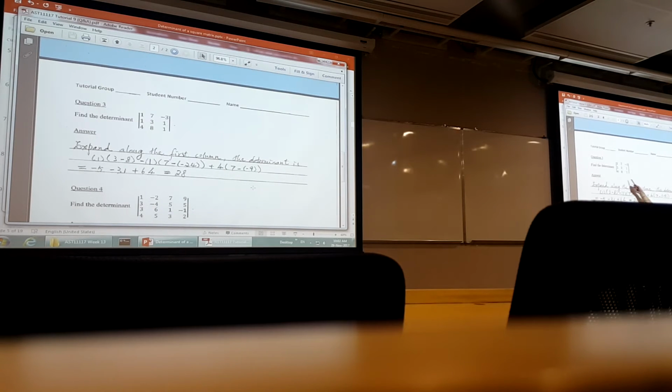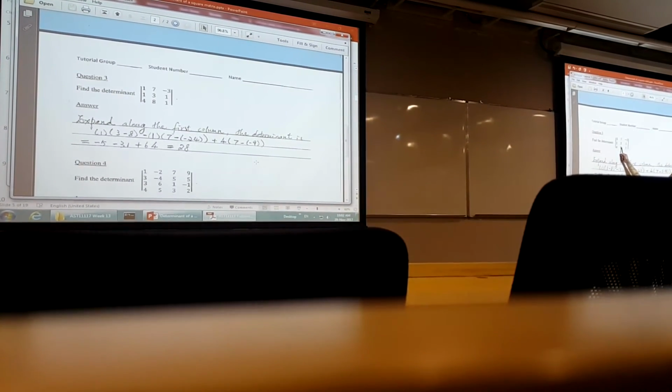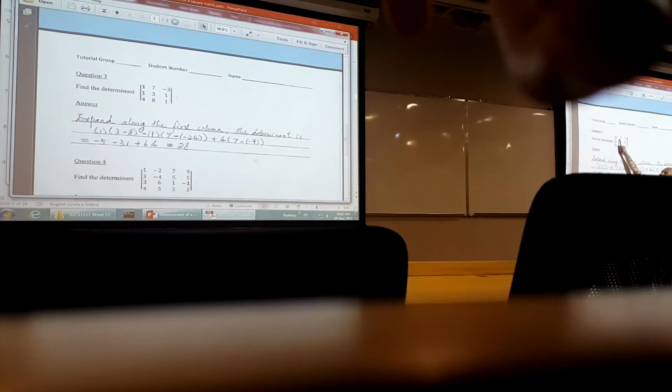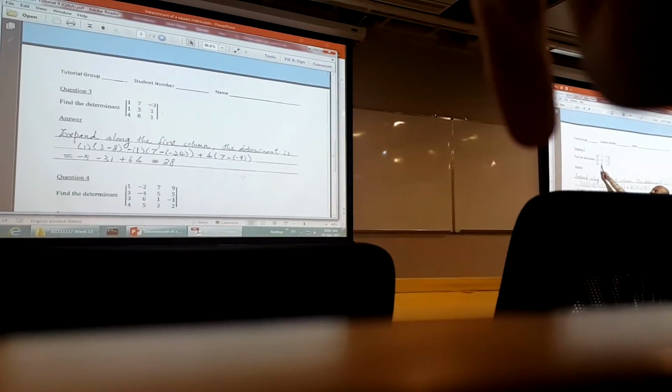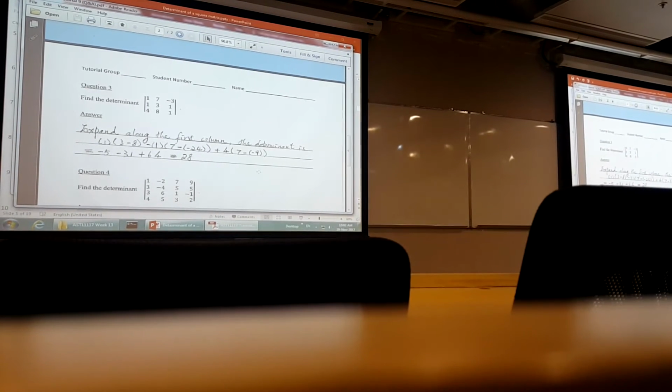And then for this position, it is 1 minus 3 becomes 4 times 8 is 32. Positive, negative, positive, negative. So it is minus 32.